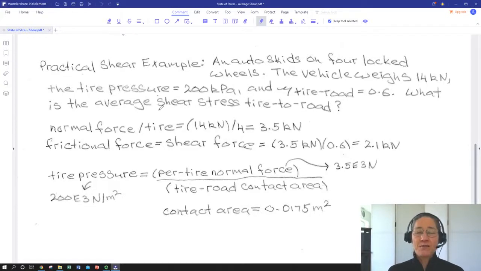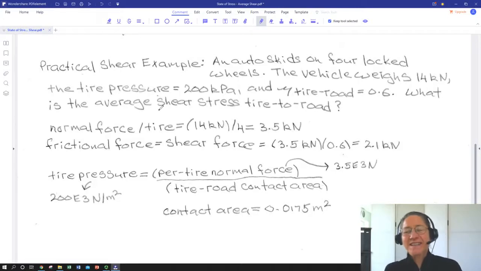And then if we can define how much that tire has flattened and what its contact area is, we can divide the frictional force by the footprint of the tire, the flattened bit of the tire that's contacting the road, and get a shear stress.